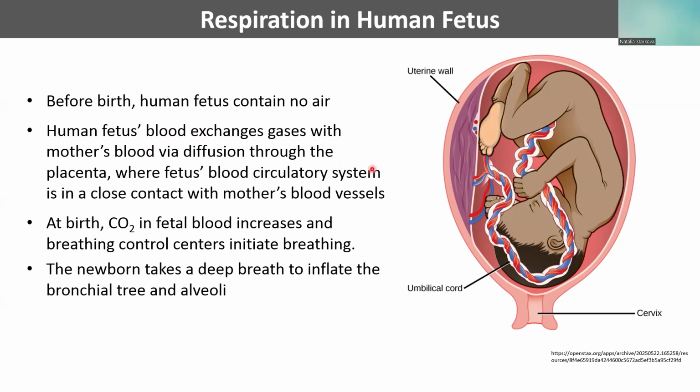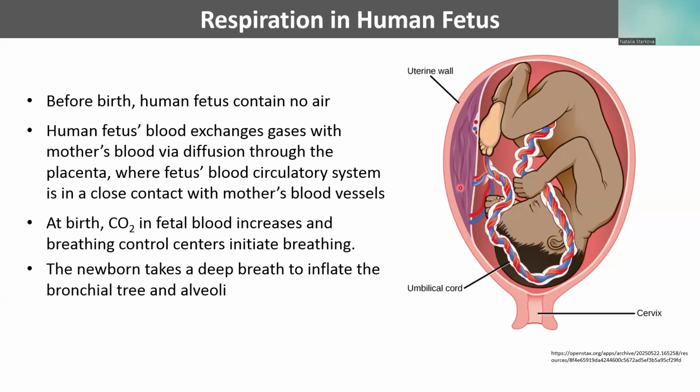So the blood vessels of the baby and the blood vessels of the mother come in very close contact in a structure called the placenta. And it is in the placenta that the mother's blood loses oxygen. This oxygen gets into the blood system of the baby and supplies the baby's cells with oxygen.